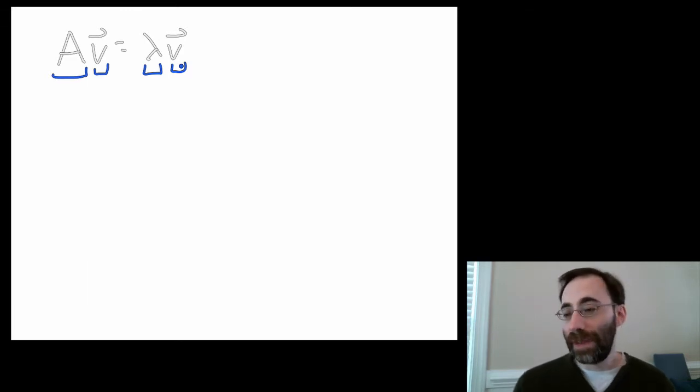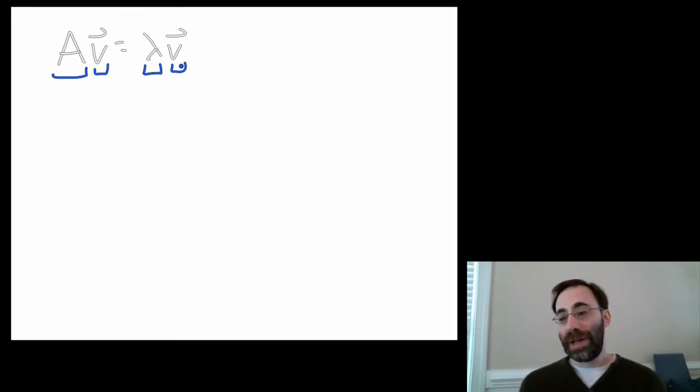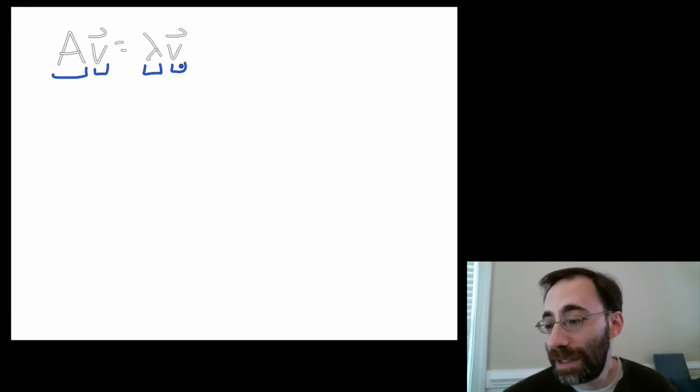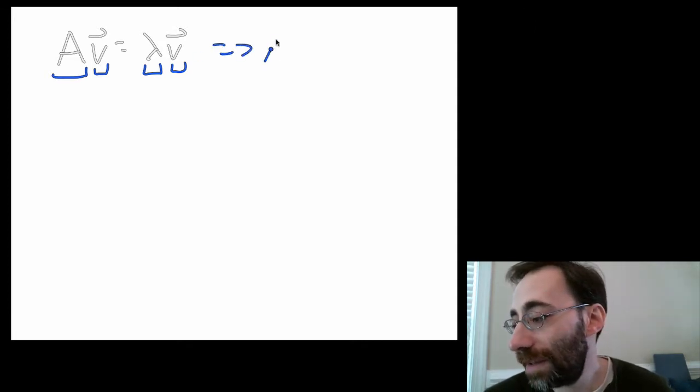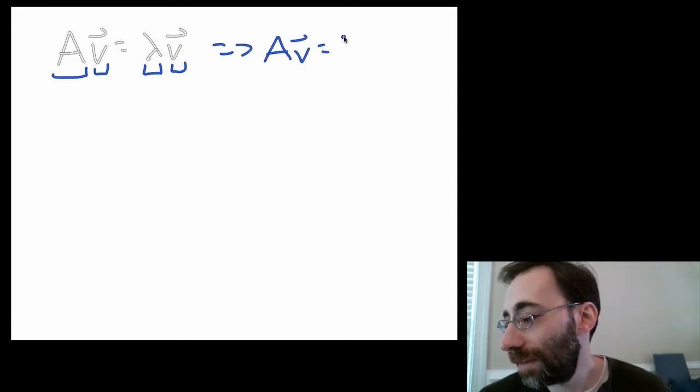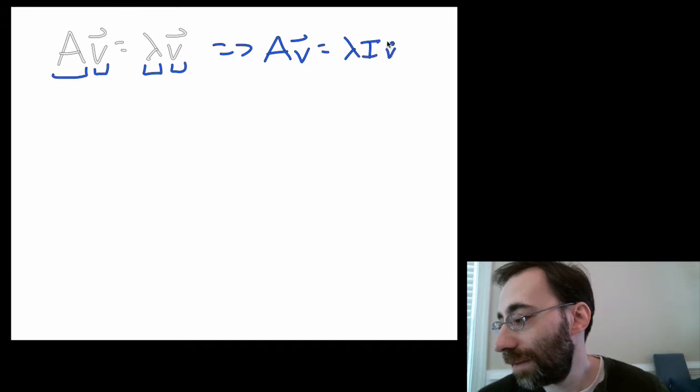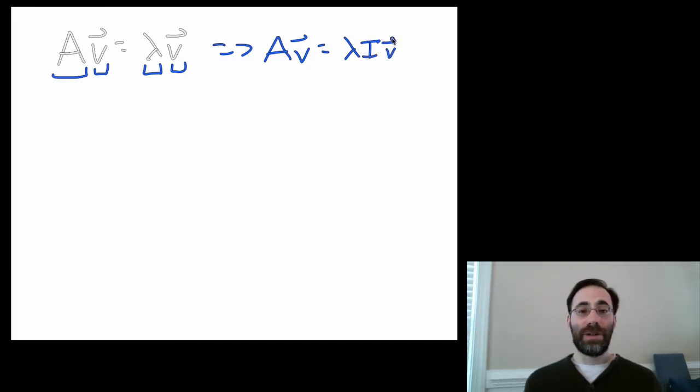So let's do that. First, note that if you multiply the right-hand side by the identity matrix, nothing changes. The identity matrix times any matrix or any vector just returns that matrix or vector back again. So this is the exact same thing as that. No change at all. The identity matrix I times v just gives you v back again.